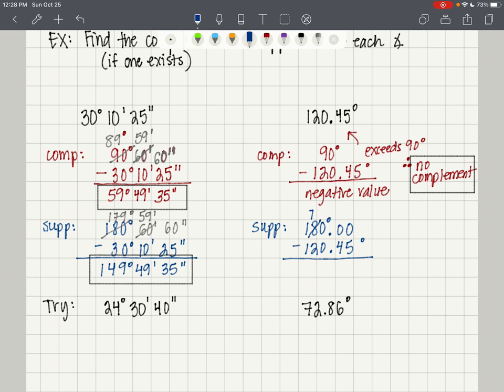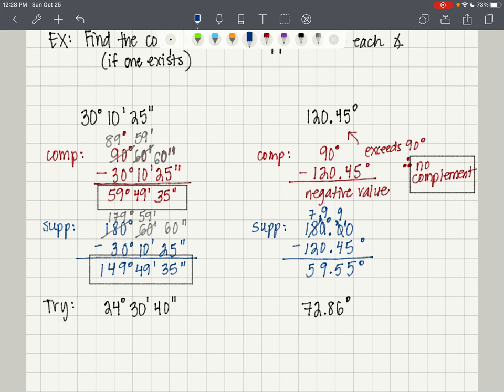We're going to borrow a 7. That's going to give us 10. We'll borrow from the 10, giving us 9. That'll give us 10. We'll borrow from the 10, giving us 9. And there we go. 10 minus 5 is 5. 9 minus 4 is 5. 9 minus 0 is 9. 7 minus 2 is 5.